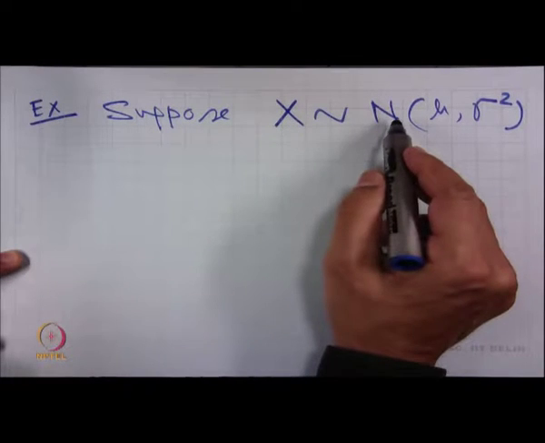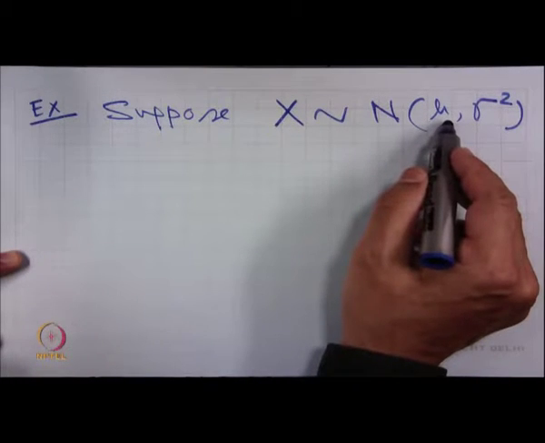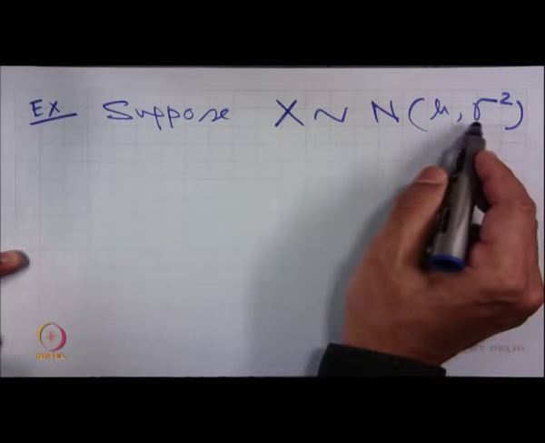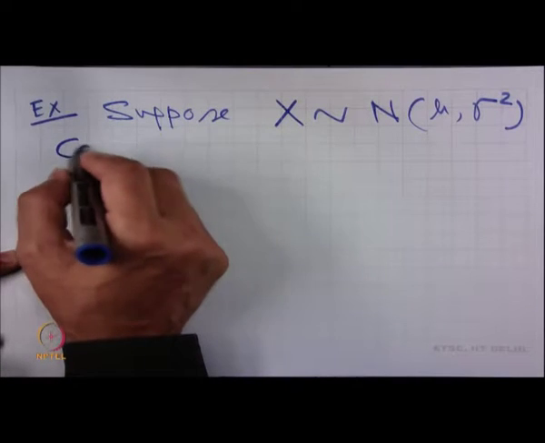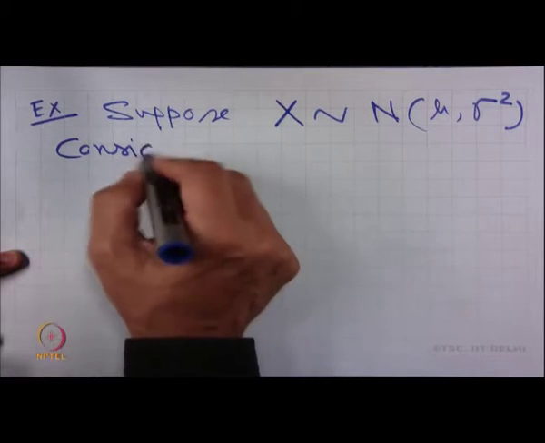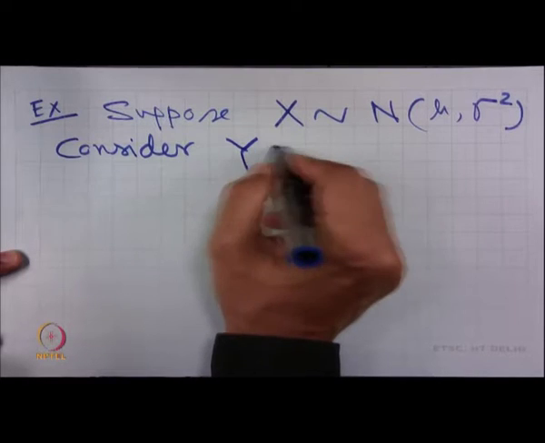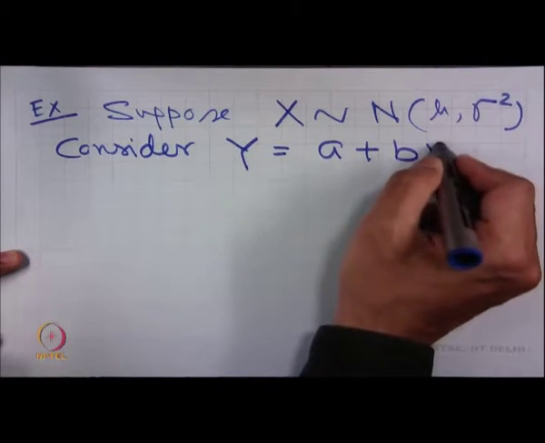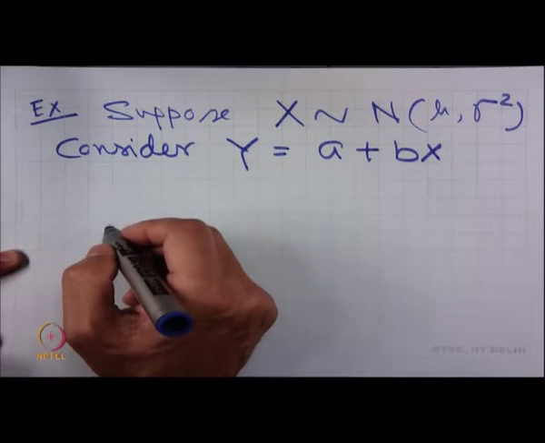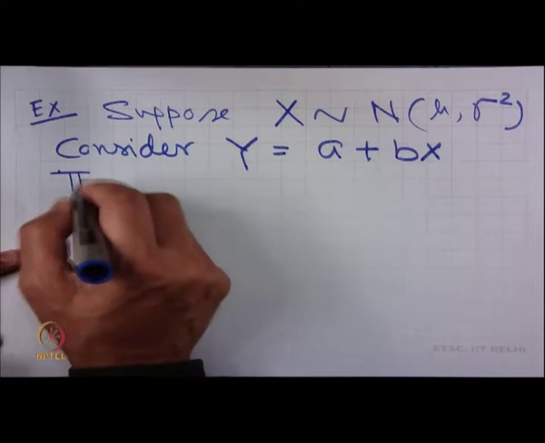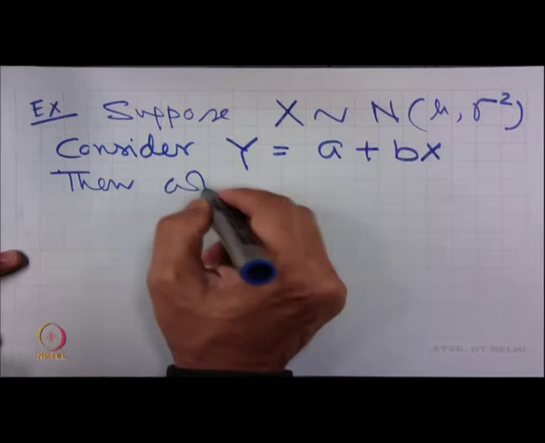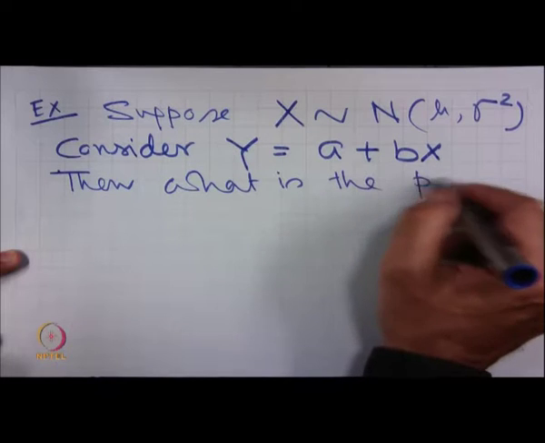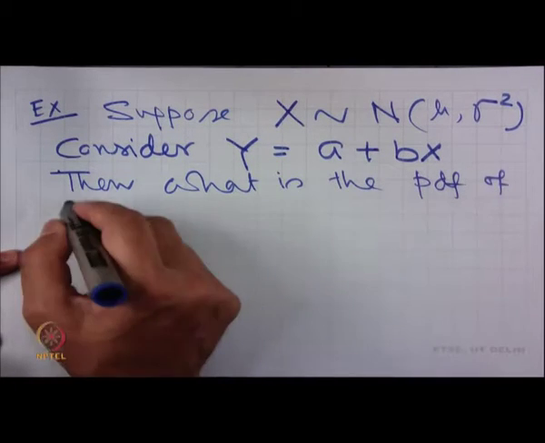X is a normal variable with expected value equal to mu and variance of x equal to sigma square. Consider y is equal to a plus b x. Then what is the PDF of y?